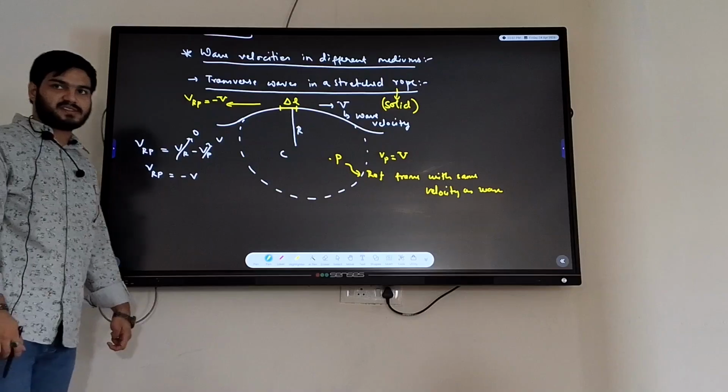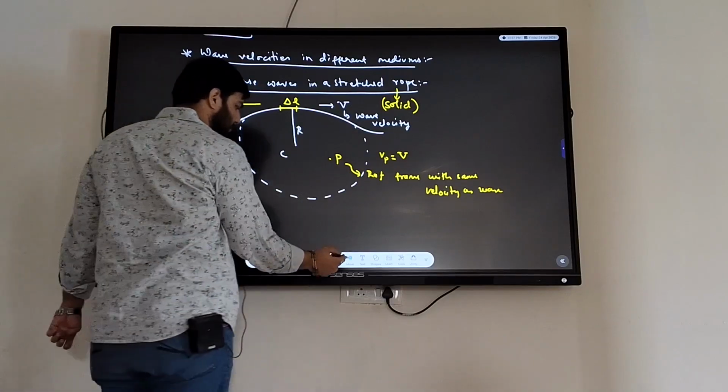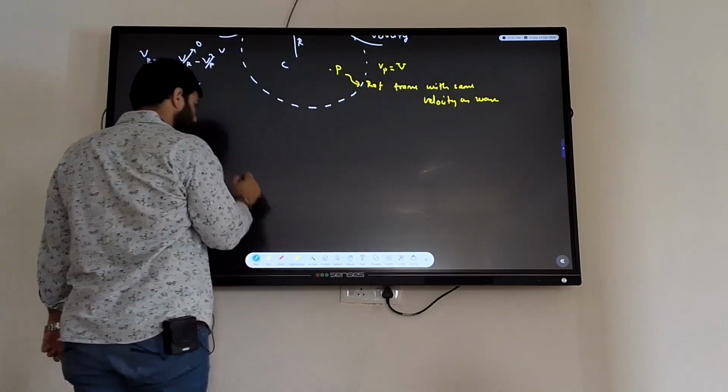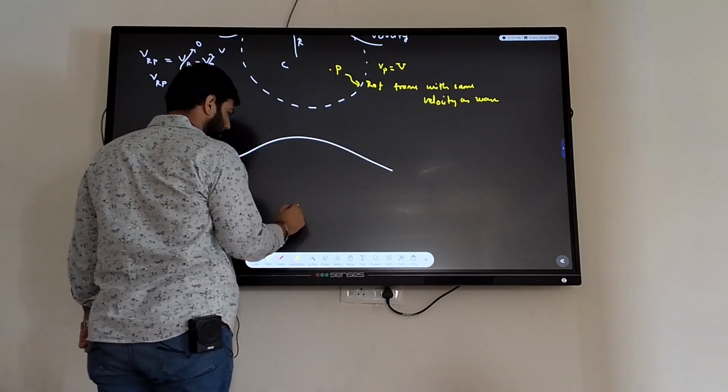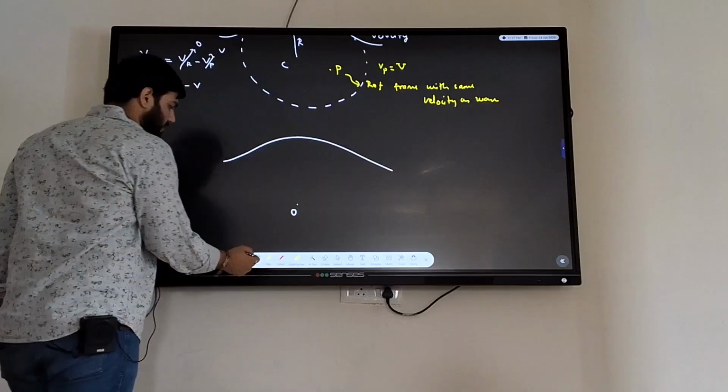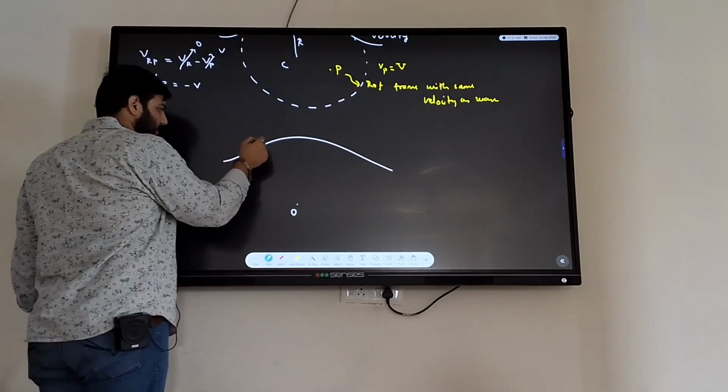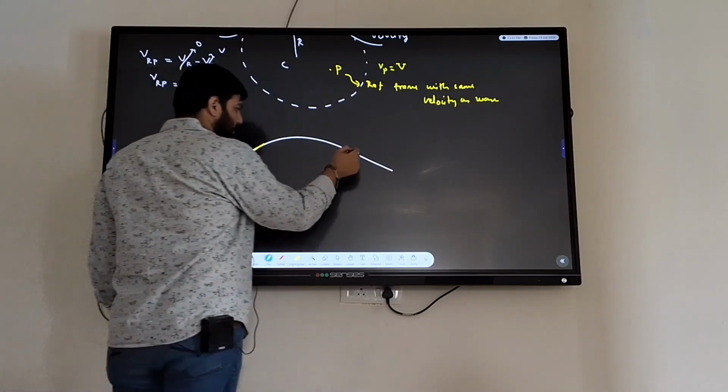Now let's try to understand the motion. Let me make the diagram again. This is my O. For the rope, there will be two tensions acting away from the element.